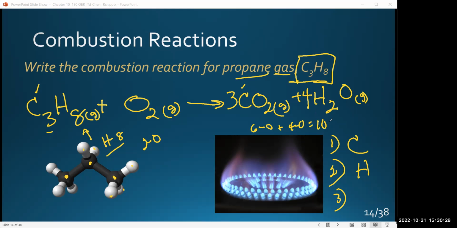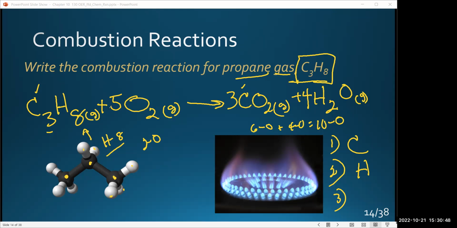So we have a total of 10 oxygens on the product side. All right. 9 times out of 10, this number that you calculate is divisible by 2. So take that 10, divide by 2, gives you 5, and come back to the reactant side and put a 5 in front of O2.